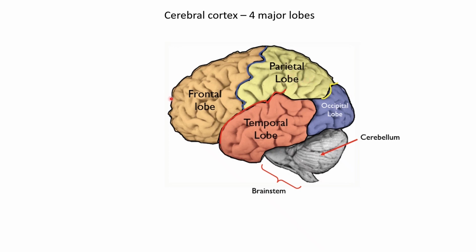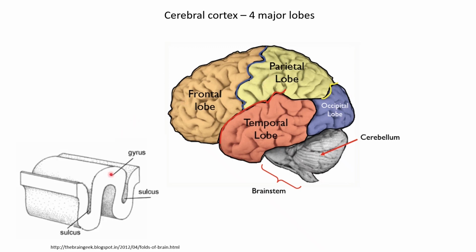These four lobes are separated by these valleys, and if you look carefully, even within a lobe, you can see there are lots of these hills and valleys. So the brain seems to be tightly folded, and it's forming these folds or kinks. The parts where the brain is folding out from top, all these hills that we see, are called gyrus.